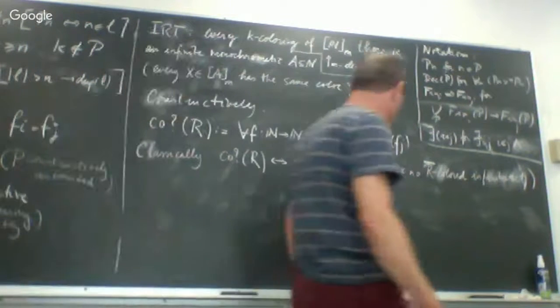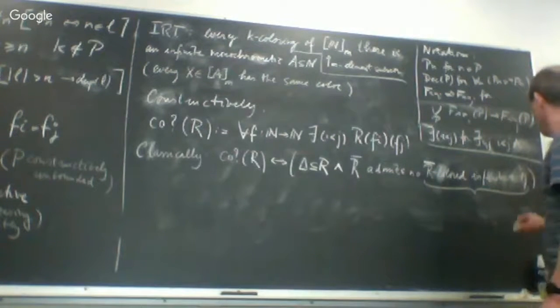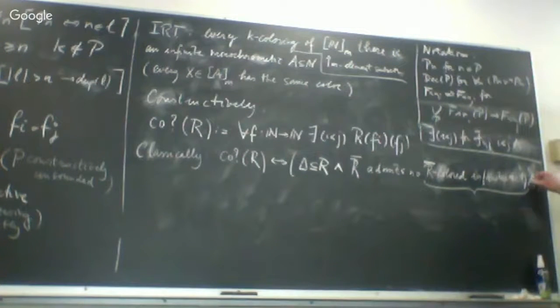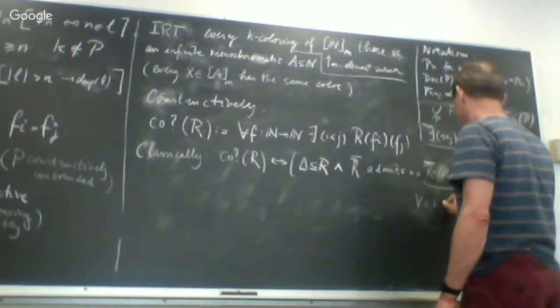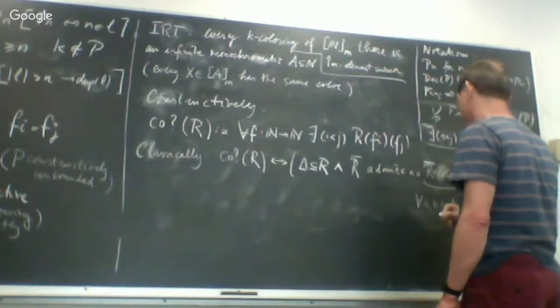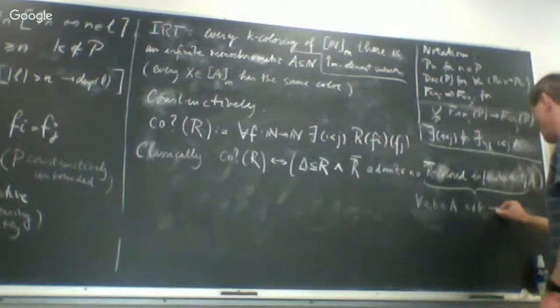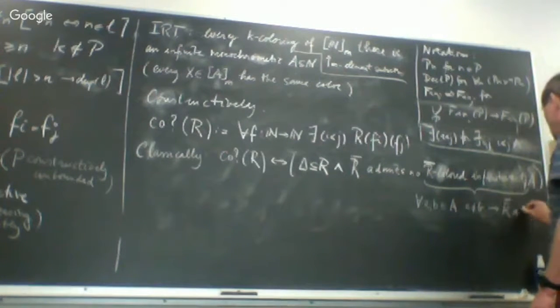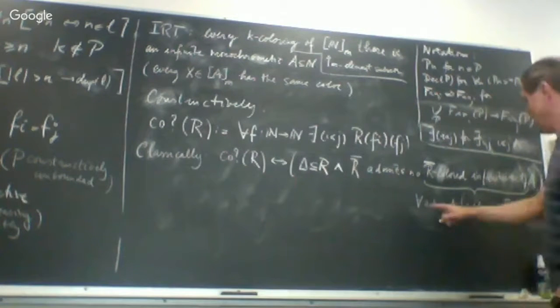So let me define this precisely. Let's call this one A. That means for all a, b in A, a and b are different, and then we have that this holds.